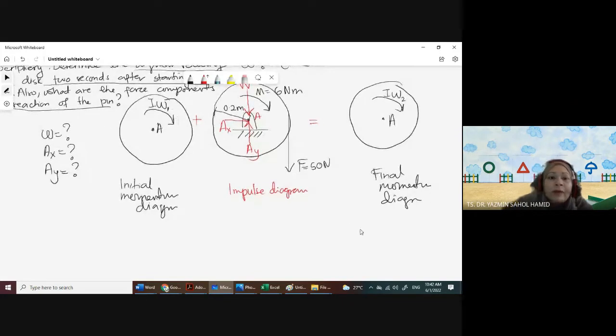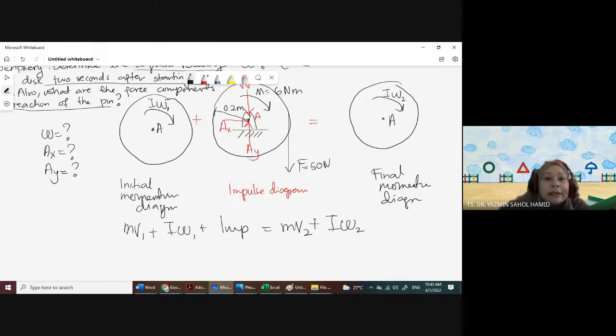So you know the formula is mv1 plus I omega 1 plus impulse equals to mv2 plus I omega 2 lah. Okay, but however we have to look into the question which one is relevant and related to our question lah.